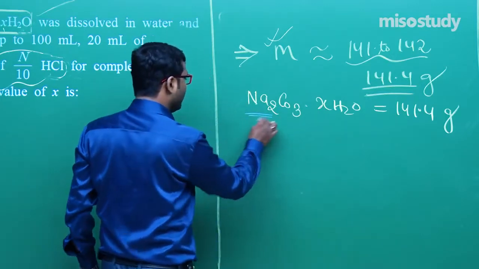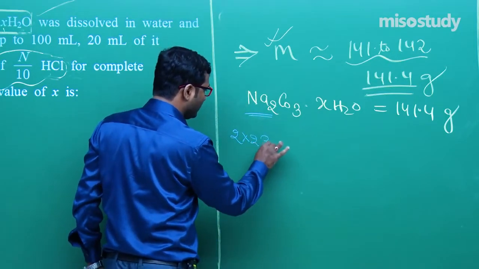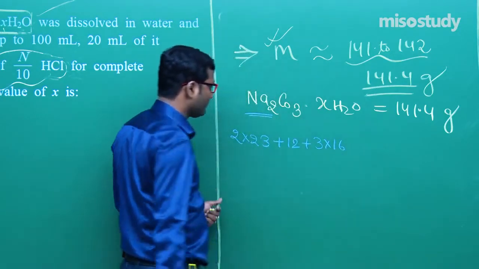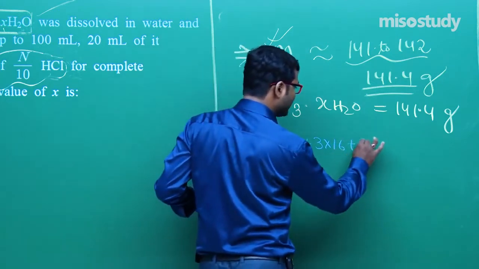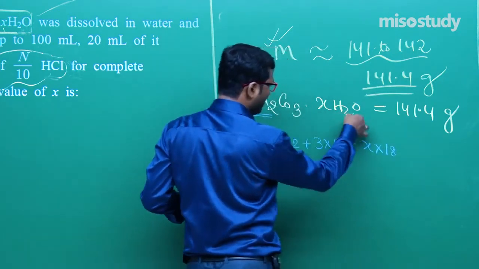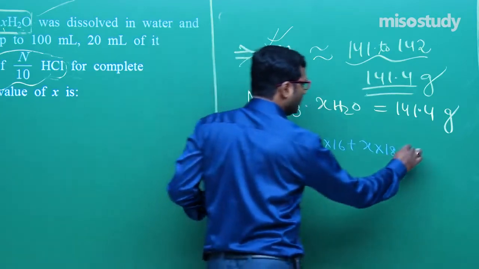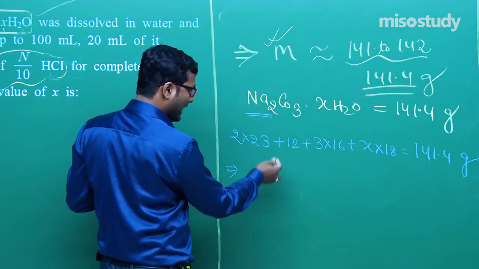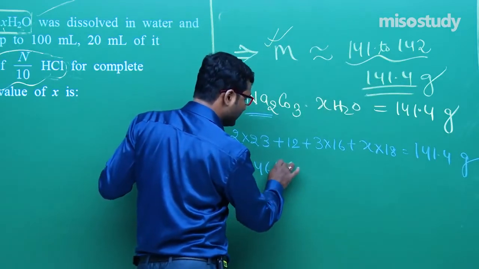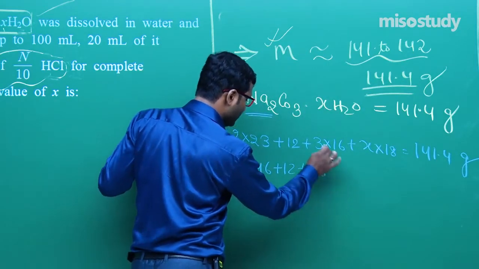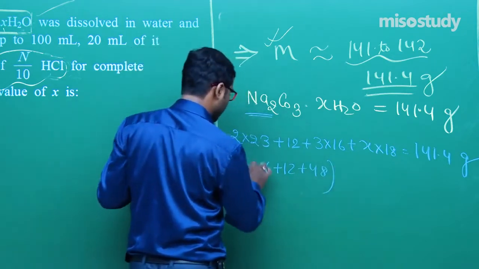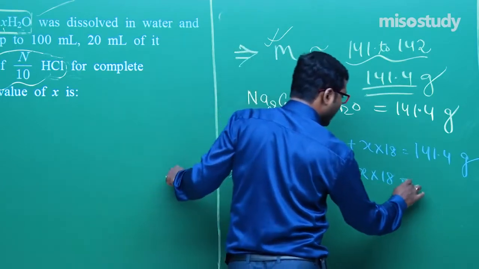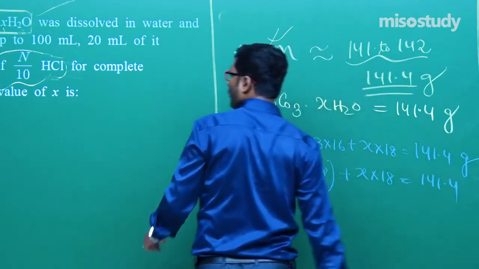Now put the value: 2 into 23 plus 12 plus 3 into 16, plus X into 18, since the molecular mass of water is 18, is equal to 141.4 gram. That is 46 plus 12 plus 48, which is around 106, plus X into 18, around 141.4.